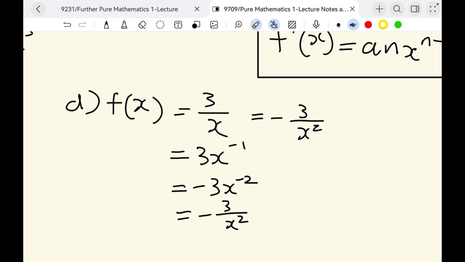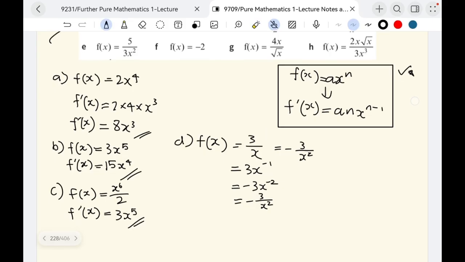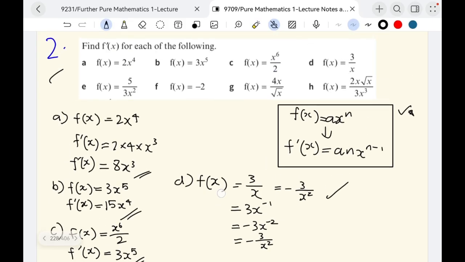So when x is in the denominator, for its first derivative, the variable increases its degree by 1. And don't forget to put negative as the x is in the denominator. Okay, learn this trick.